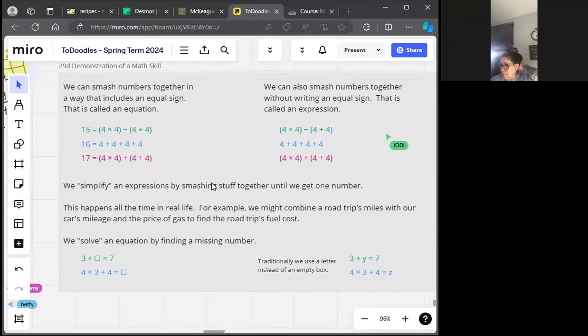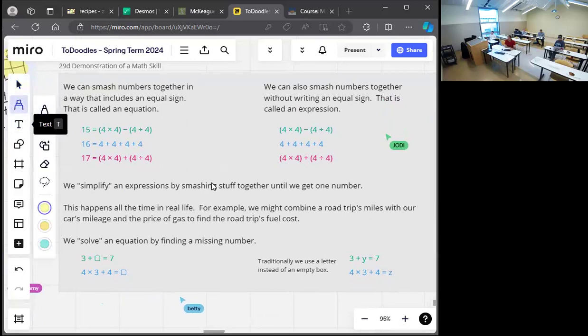Okay, the next point is I want to give you some vocab of an equation compared to an expression. Equations have equal signs in them. Expressions don't, no equal signs.